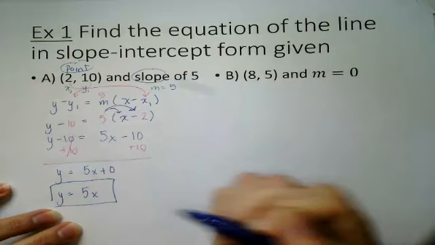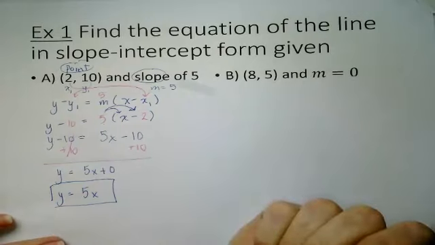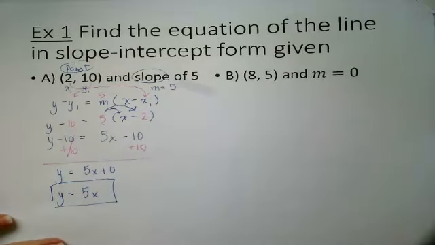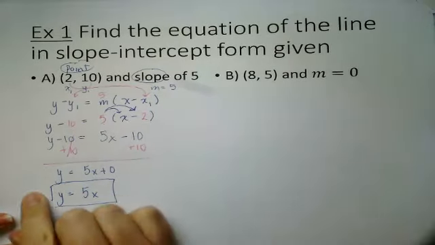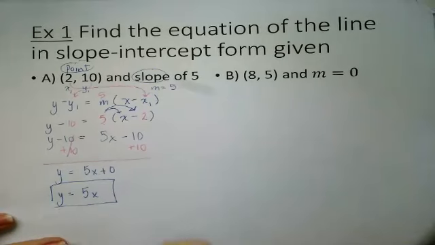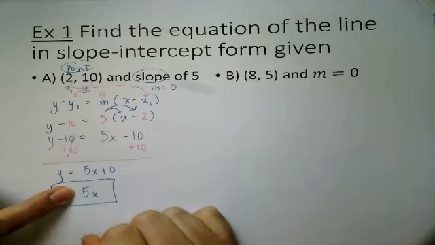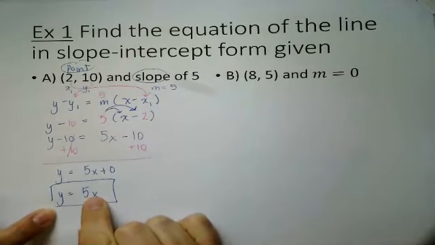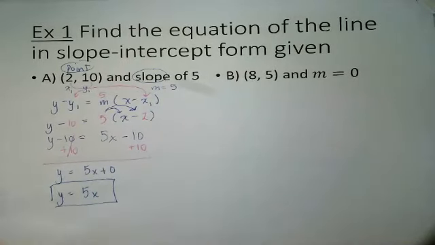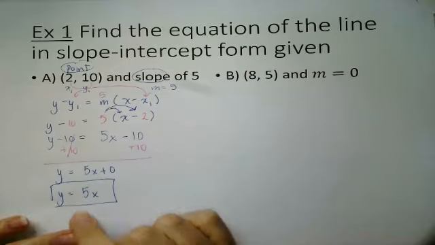And we're just going to have y equals 5x. And in IXL, you would need to put in this whole equation. You can't just put 5x, it won't accept that answer. So you do need to put y equals 5x when you submit your answer in IXL.